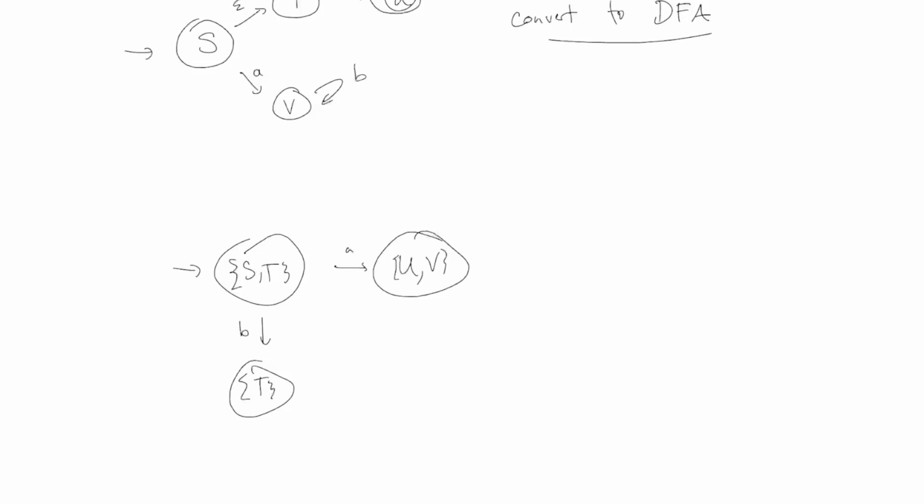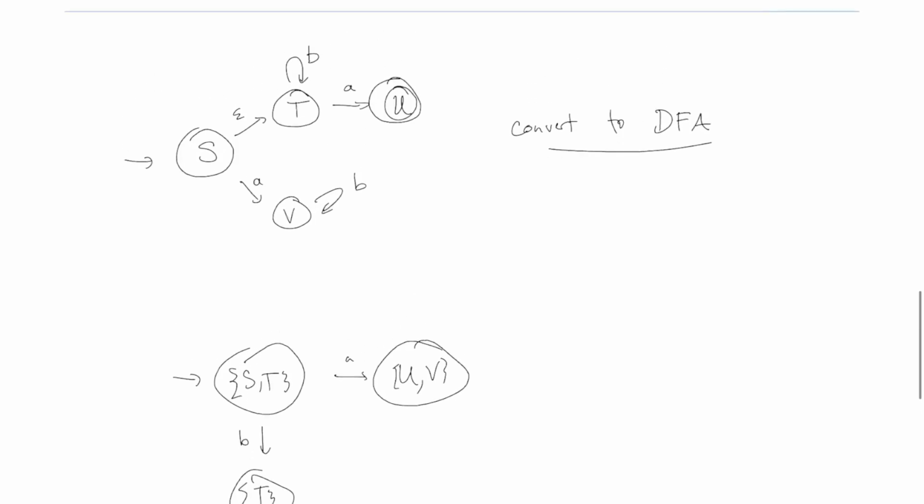And proceed from there. How about from U and V? Anybody want to say? Where's the A arrow from U comma V? Do an A. Where can it go? Nowhere is the answer.